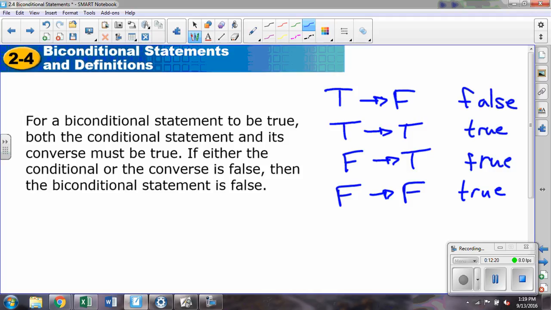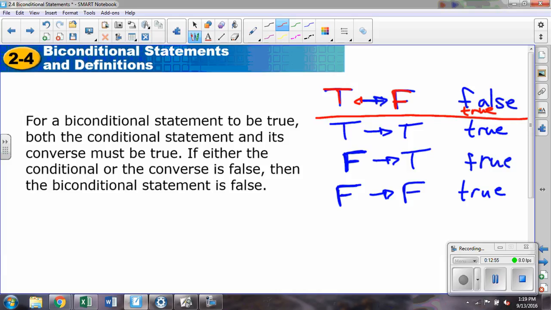We also mentioned that with a conditional, having a false hypothesis, we don't really care about them because they're not useful in any way, so we never work with them. Well, consider what happens when we put in the biconditional with it as well. When we take false implies true, the converse was overall true.